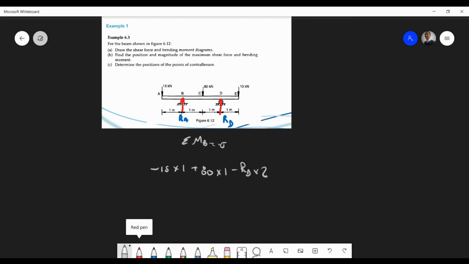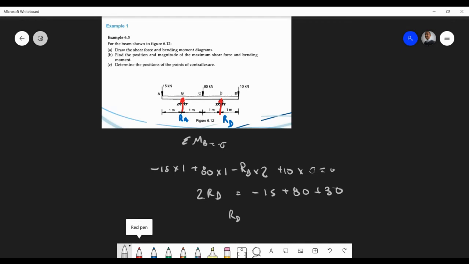And lastly, we have the 10 kilonewton, that's 3 meters away, also going clockwise, plus 10 times 3. All we have to do now is solve for RD. We can carry RD over to the other side, and then we have minus 15 plus 80 plus 30.